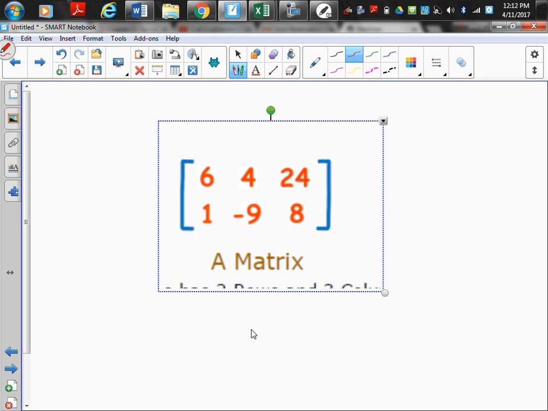So, a matrix is named rows by columns. This matrix has a name of 2, because it has 2 rows.